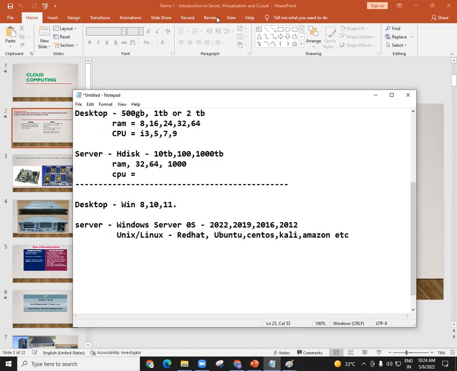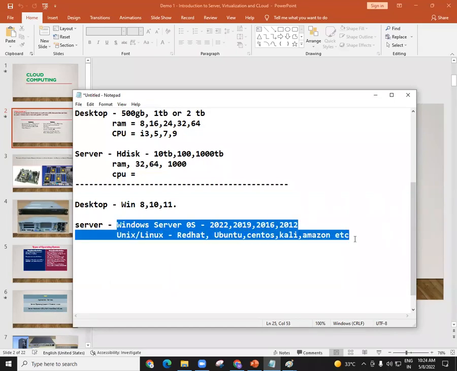In 90 to 95% of cases all over the globe, I repeat, 90 to 95% of cases, on a server machine it will be either Windows Server operating system, which can be 2012, 2019, 2016, anything, or it can be a Linux OS. Again, in Linux, it can be Red Hat, Ubuntu, Kali, or whatever. So it's a huge number, right?